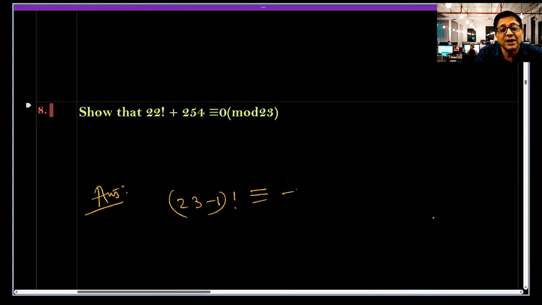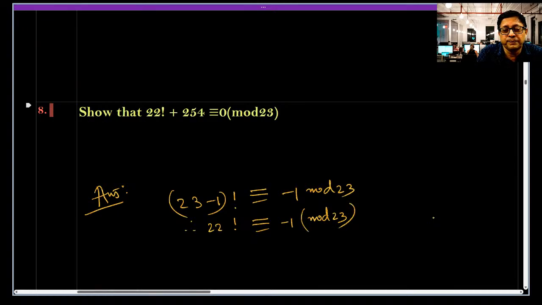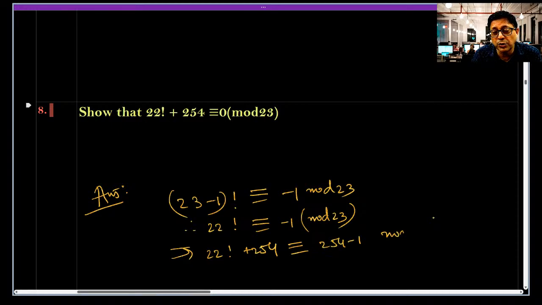Minus 1 mod 23. So 22 factorial is congruent with minus 1, and this implies 22 factorial plus 254 is congruent with 254 minus 1 mod 23.